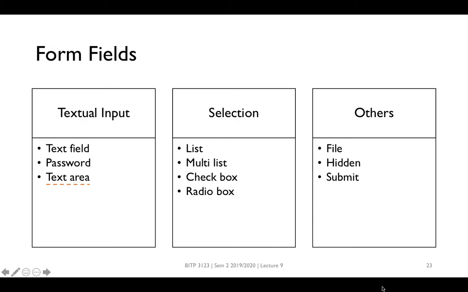For example, here we have list, multi-list, checkbox, and radio box. There are other types of input, for example, file that permits the user to upload a file into the server. Hidden is to pass data that is not visible to the user. Submit refers to the button that will send the form to the web server.